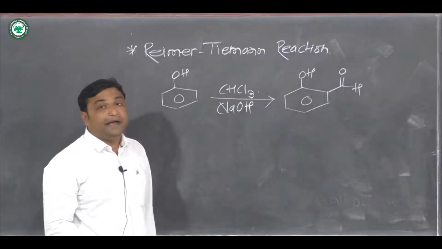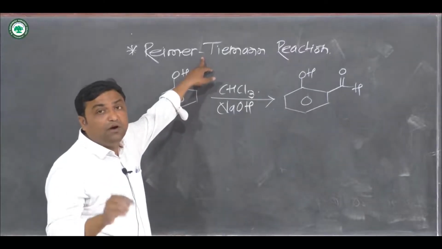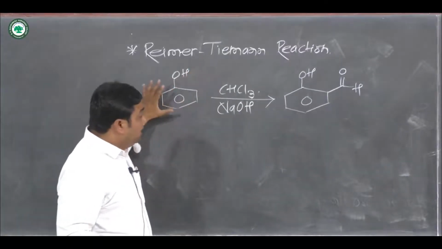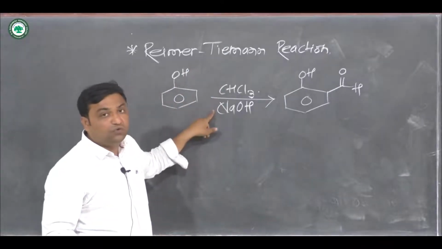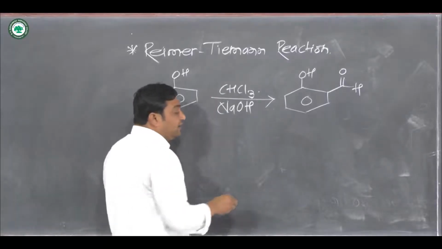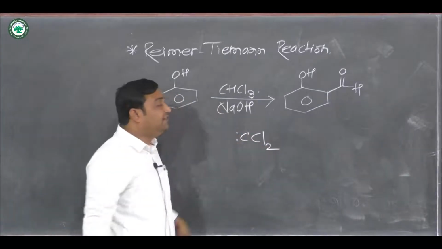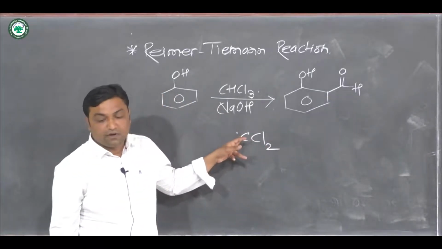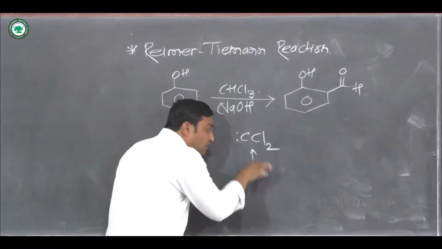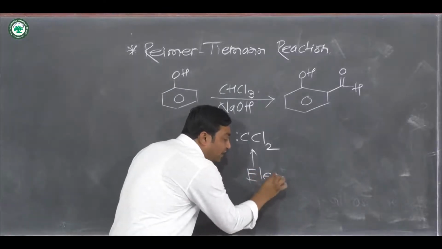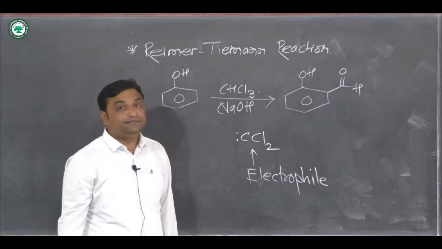When we deal with the mechanism of this Reimer-Tiemann reaction, we come to understand that the reaction between chloroform and sodium hydroxide will generate dichlorocarbene, and this dichlorocarbene acts as an electrophile in the mechanism of this reaction.